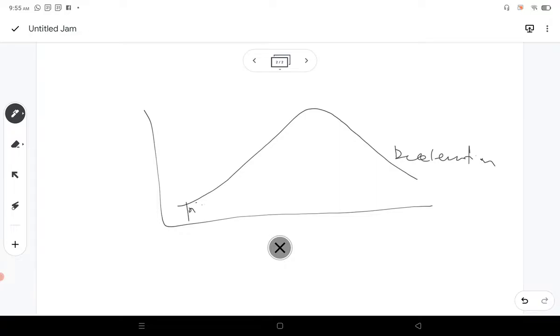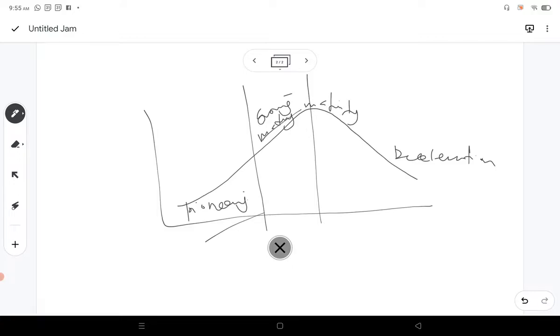The first one is normally the pioneering, whereby the industry starts to penetrate into the market, and then growing first, and then maturity, before it turns down to the deceleration stage.